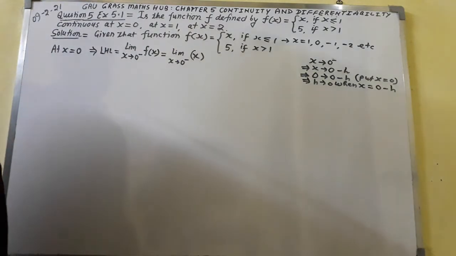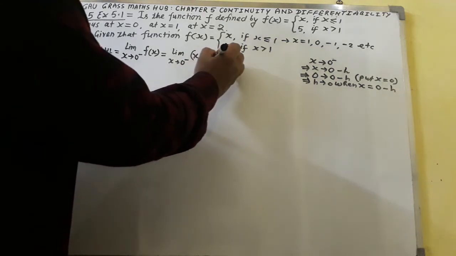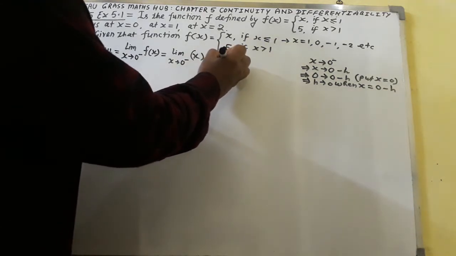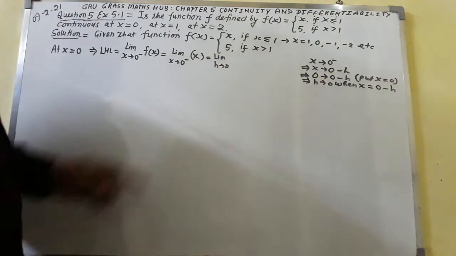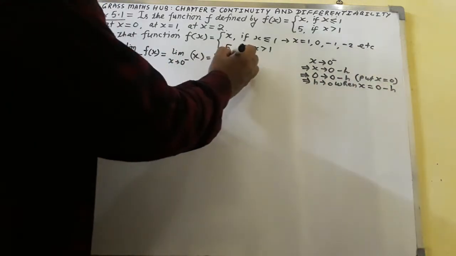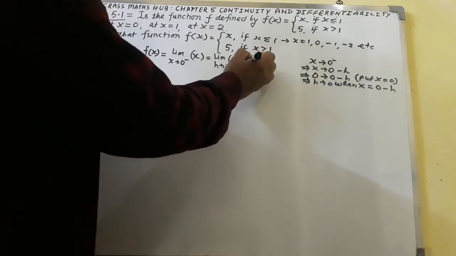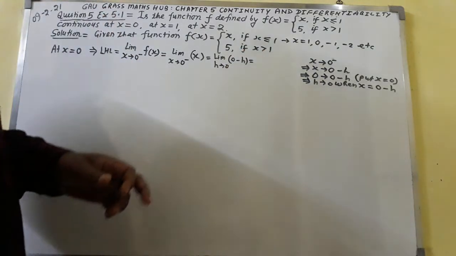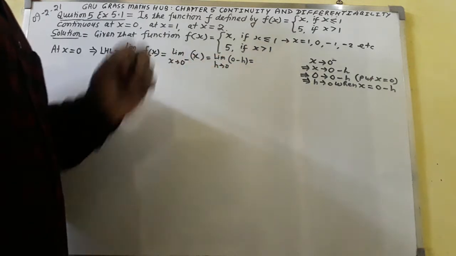So here I can write very well, equal to limit h tends to 0, and in place of x I shall write here 0 minus h. So here write 0 minus h equal to, remove limit h tends to 0.